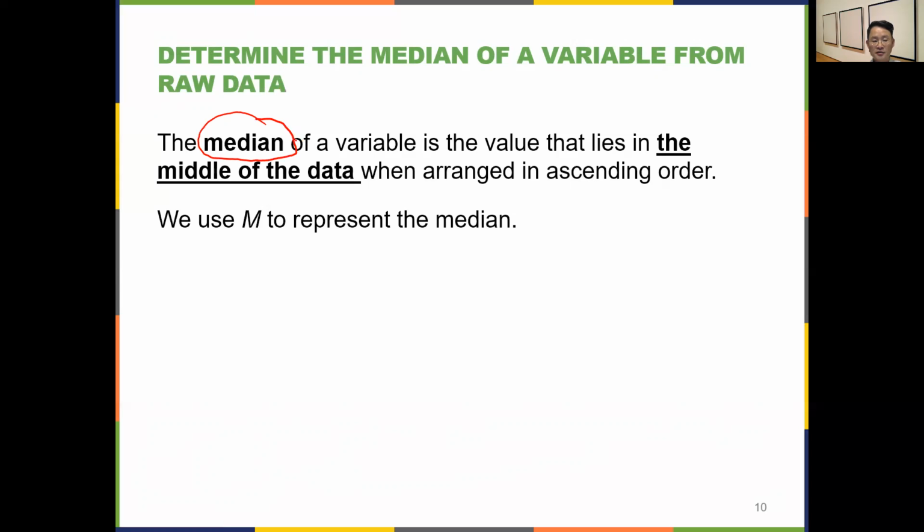What's the median? Simply the middle number when you arrange the data in ascending order. We use M for median. We talked about this when we were dealing with the 5 number summary: Q2 was the median value, which is just the middle number.